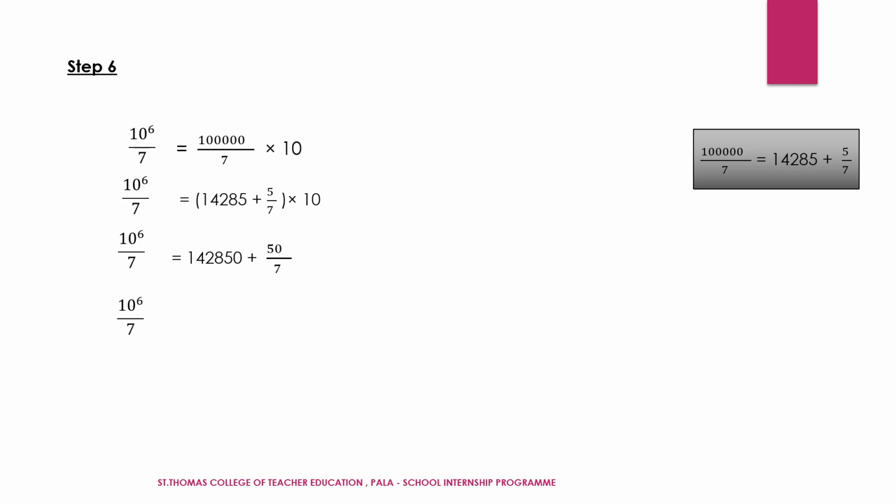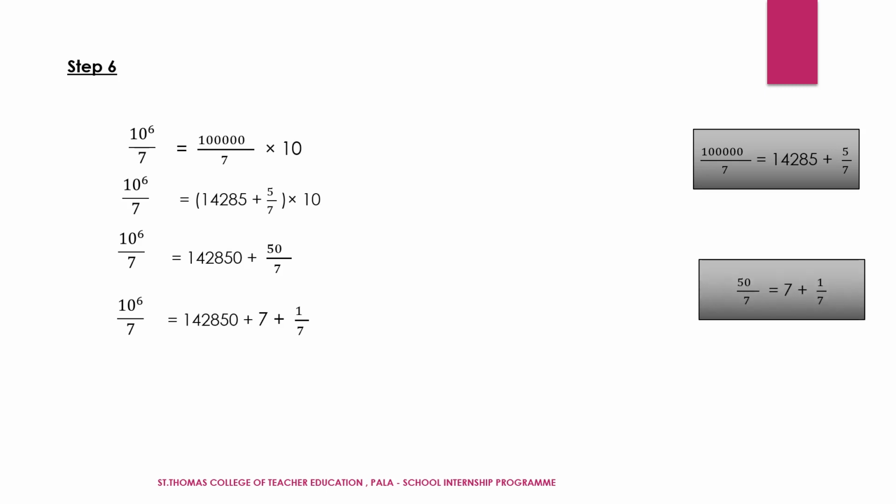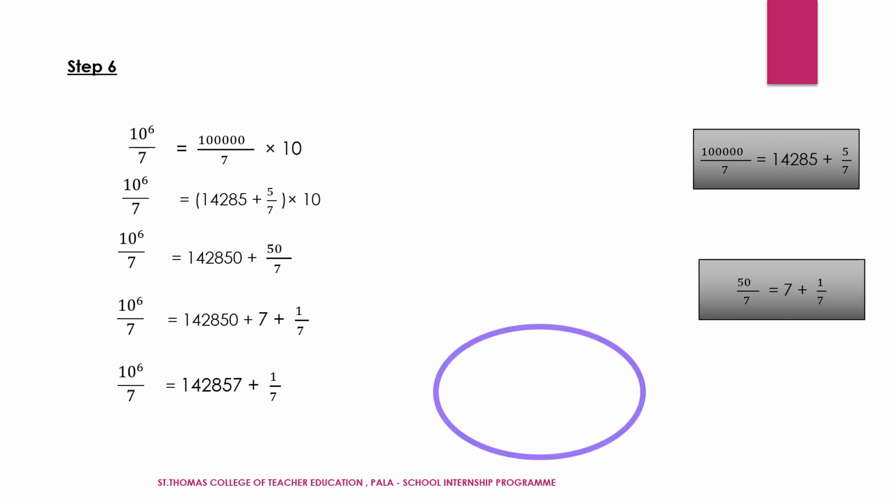Next, what we are going to do? Yes, we are taking 50 by 7 and writing it as 7 plus 1 by 10. You will get this by dividing 50 by 7. On adding, we get 1,42,857 plus 1 by 7. And in short, we can write 10 raised to 6 by 7 as 1,42,857 1 by 7. Now tell me the next step very quickly.